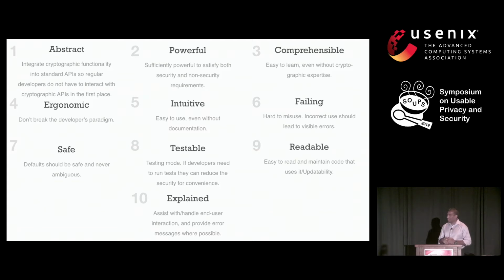What I mean by this is, if we take abstract, for example, this is considered their golden rule. The idea here is that you integrate the cryptographic functionality with a standard API so that the developer doesn't need to interact with the cryptographic API in the first place. Now, you can tell by the framing of that statement that it's written in a positive manner, right?